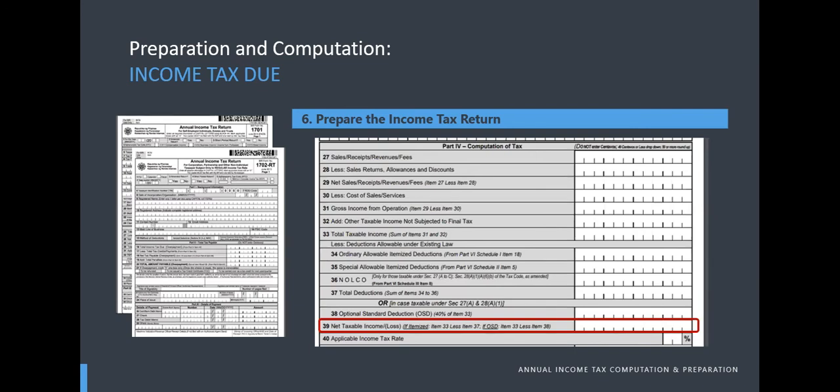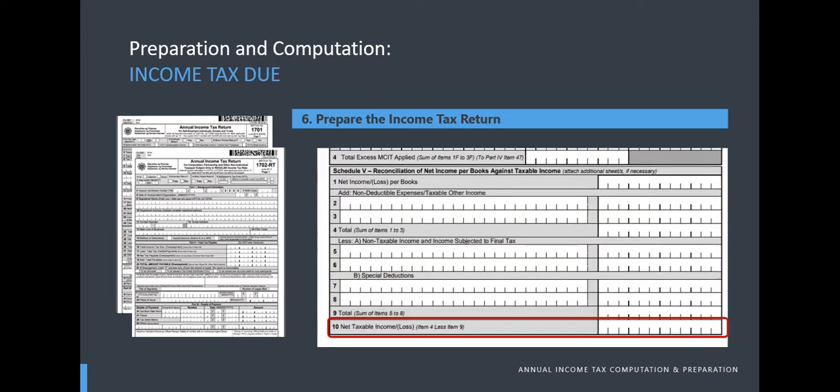So this is Part 4 of the ITR. As you can see, in the encircled portion, the item number 39, that net taxable income or loss must be equivalent to the net taxable income or loss under Schedule 5, which is on page 4 of the annual income tax return, or 1702.